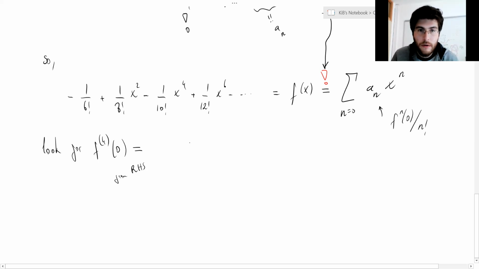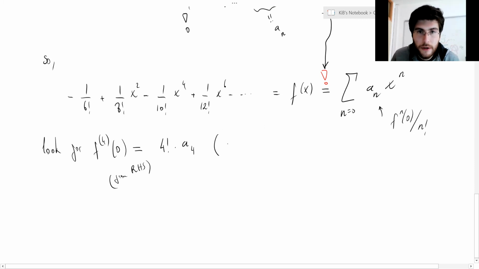From the right-hand side, this is just 4 factorial times a_4, by definition. And actually, this is the coefficient of the term of degree 4. So we need to look at the degree 4 term.